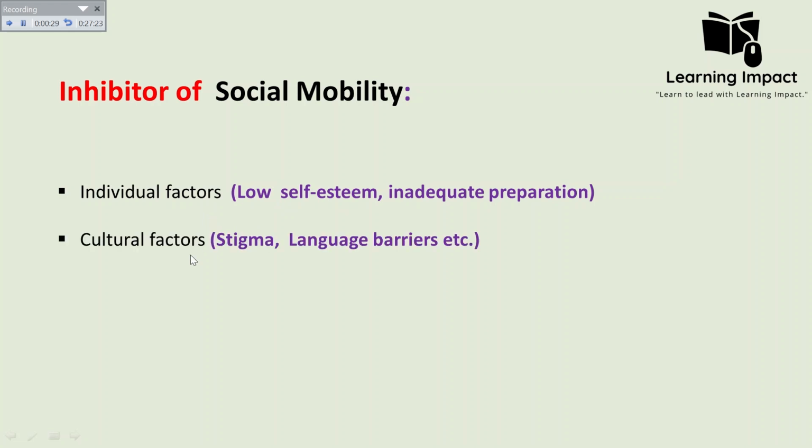Similarly, there are some cultural factors like stigma attached or a language barrier. For example, most prisoners, when they get out of prison after fulfilling all the requirements, and when they pass through the punishment which the court has set for them, even if they pass through the whole process and spend the time assigned to them in prison, our society still attaches stigma to them.